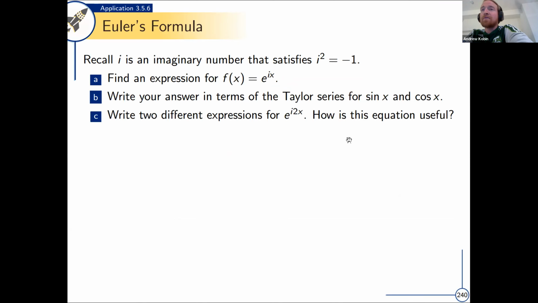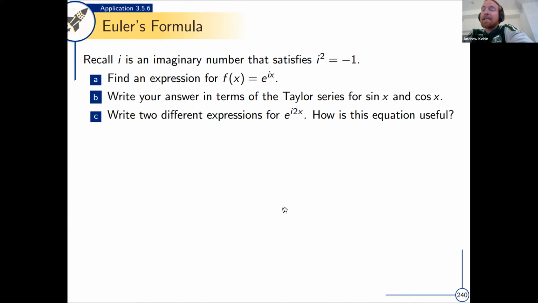You can actually use the same techniques we've been doing the whole time, either multiplying by additional powers of x or substituting in for different functions to find a Taylor series expression for e to the ix, using the fact that i squared equals -1. What's a miracle in this case is in part B, if you work through this whole problem by yourself, the terms of that Taylor series in part A will appear as terms in the sine and cosine Maclaurin series.